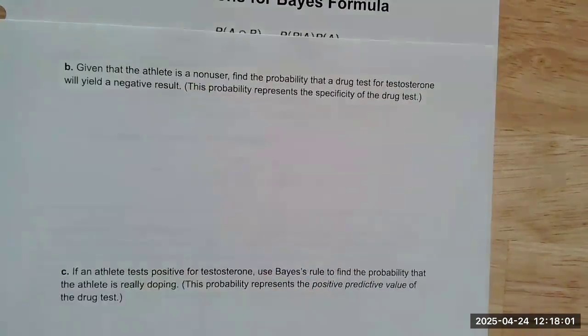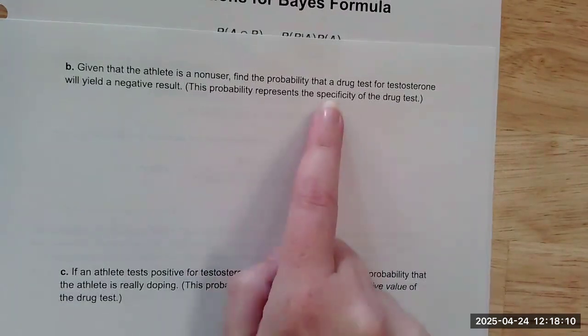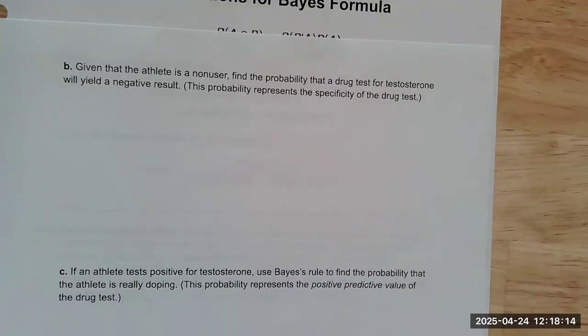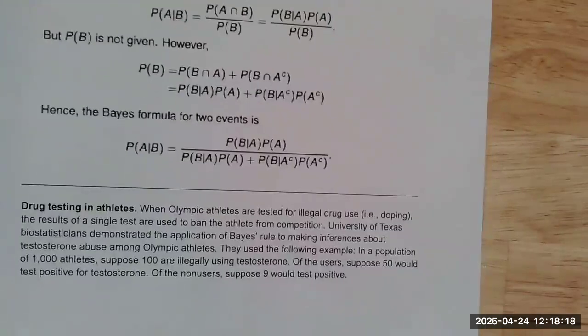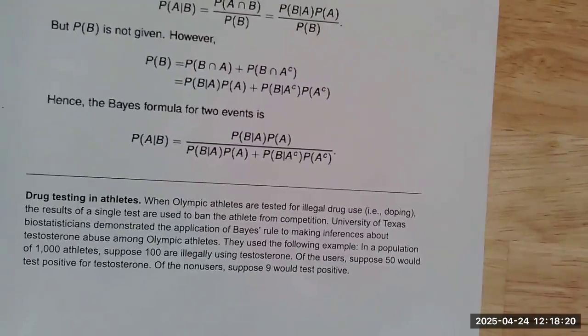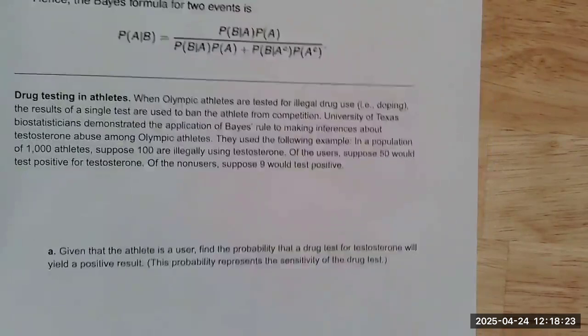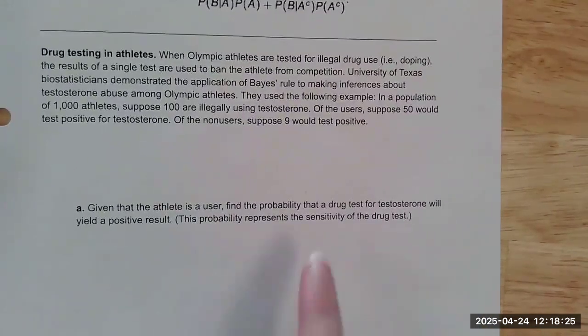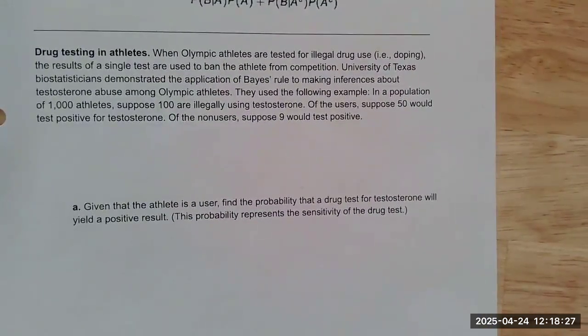So given that we know they're not using testosterone, what's the probability the test will accurately say they're not using it? That has a different word. That's called the specificity of a test. So we actually test for both in the land of pharmaceuticals and drug tests. They care about both of those things, the sensitivity and the specificity.